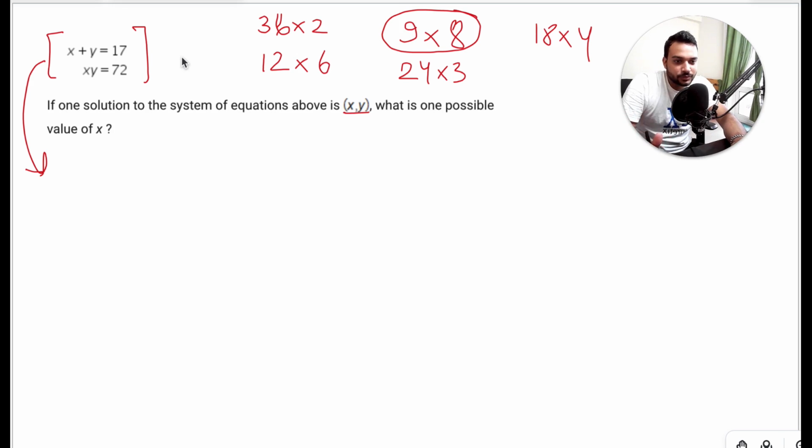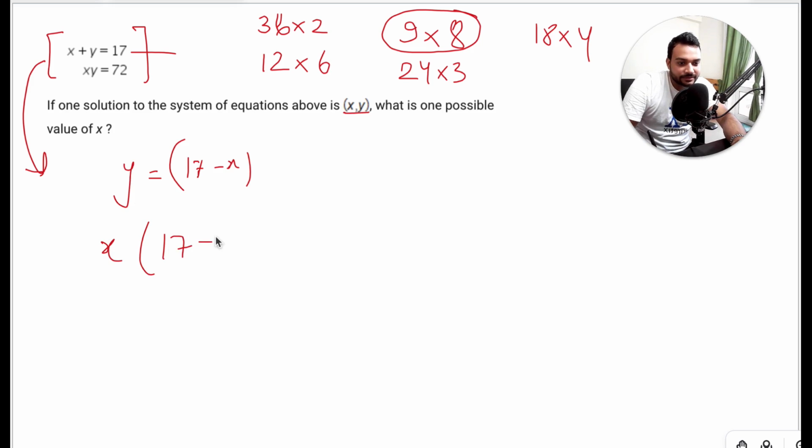Okay, enough of guesswork, let's see how to do this in the traditional way in order to avoid any mistakes. We need to find one possible solution for this system of equations. So I'll say y is equal to 17 minus x from the first equation. And I put this value of y in the second equation: x times 17 minus x is equal to 72.